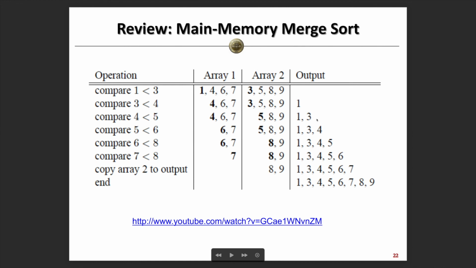Next we output 5, 6, 7, 8, and 9. In this way, we generate the output via merge sort. All the numbers in this output are sorted: 1, 3, 4, 5, 6, 7, 8, and 9.